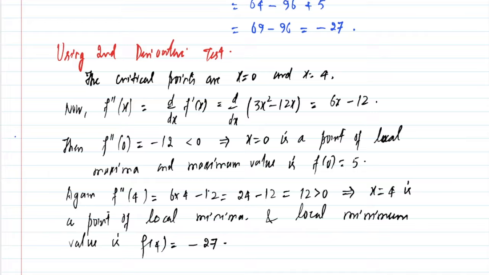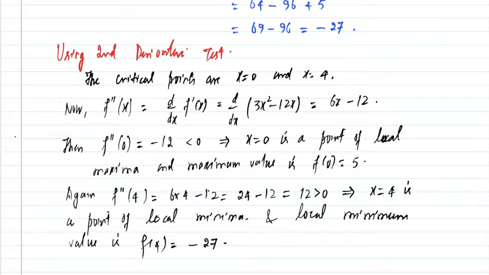But sometimes it is not mentioned whether we have to use the first derivative test or the second derivative test, but the question just asks us to classify the critical points of a given function or find the extreme values of the given function. Then in that situation we can use any test.